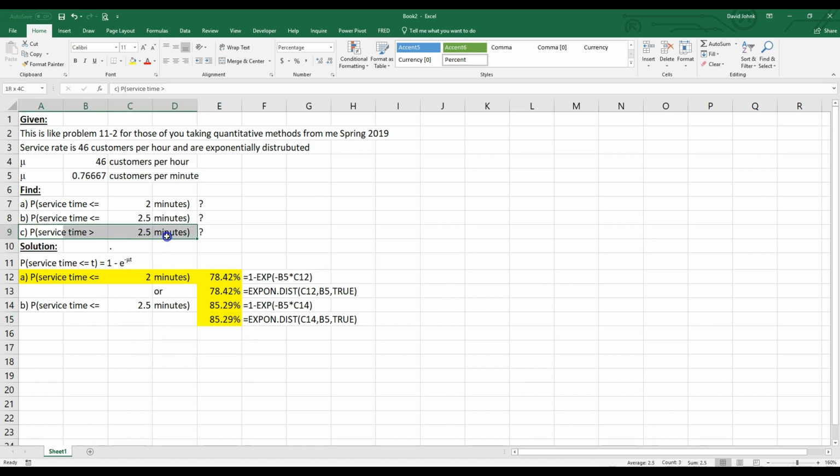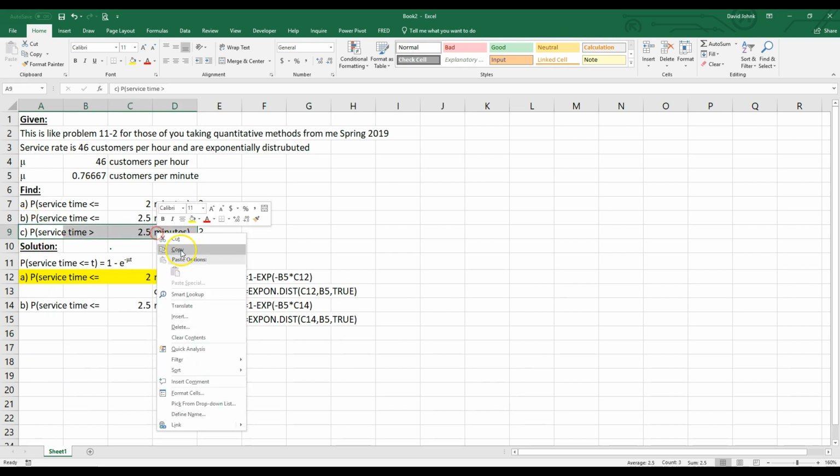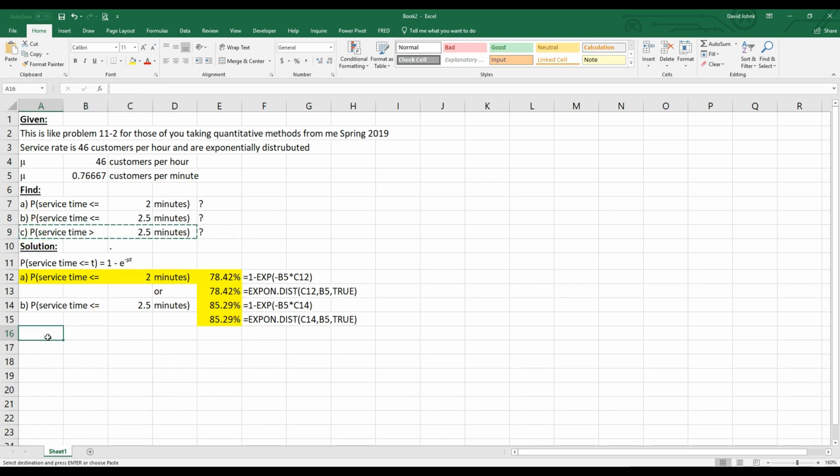And for part C, so part C is a little bit different. Oh, let me copy that again. Copy, paste. So part C, we already have that if it's less than or equal to 2.5 minutes, it's 85.29%.